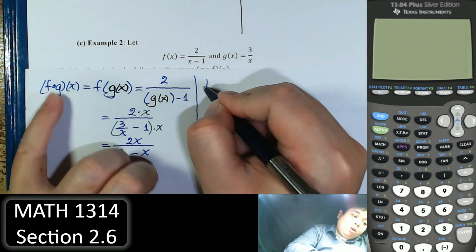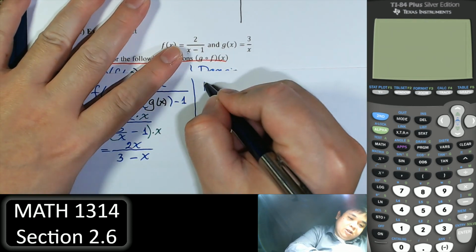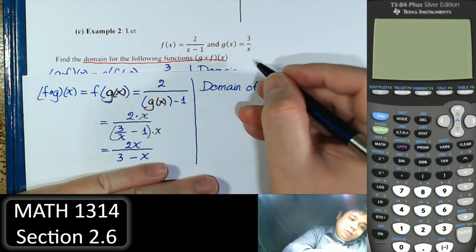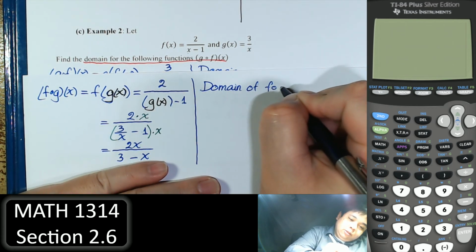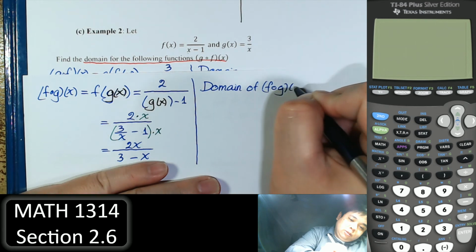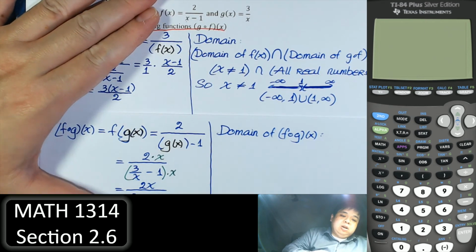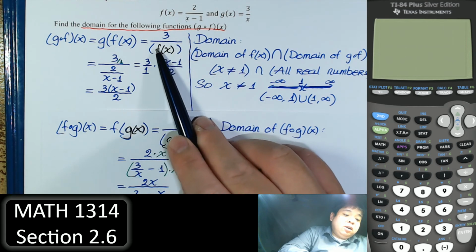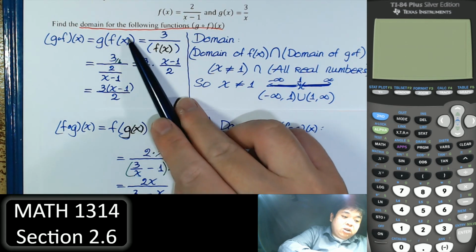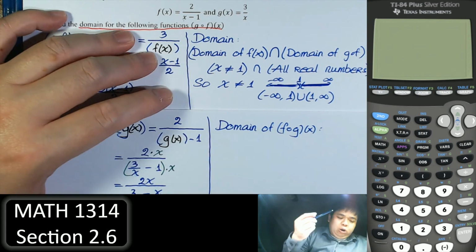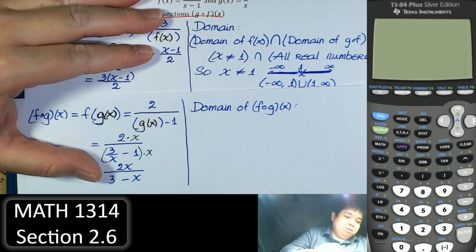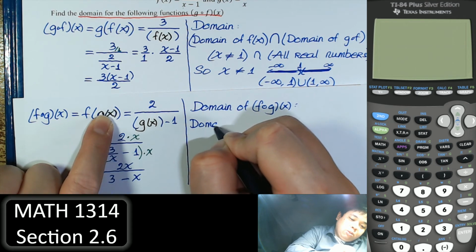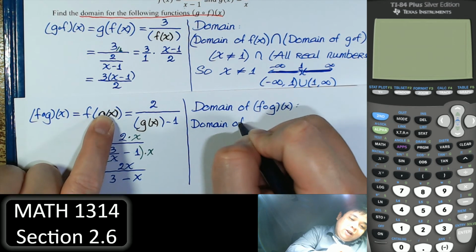Now, if we try to find the domain of this, remember, the domain of the combination is the domain of the inner function and the domain of the whole thing. So the domain of the inner function is g of x.